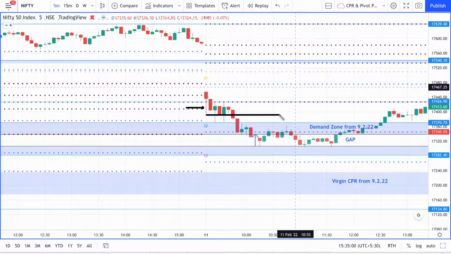Now this becomes the new support. This was the previous day's support, but from here it has changed into a support at this particular level. So you do not take a long trade thinking that the market has broken out of the previous day's range, and you do not go short on this second candle.